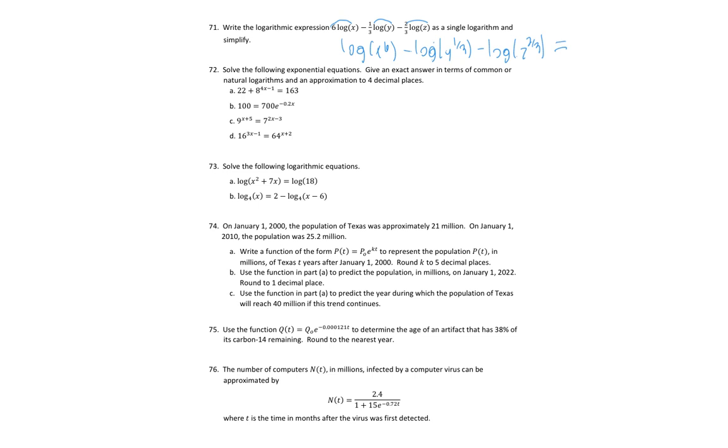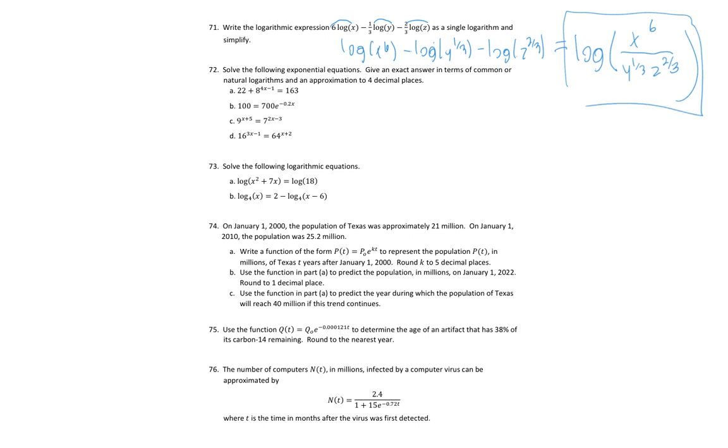And now when I group all these together, because there's adding and subtracting, we can just put it as multiplication and division. All the positive logs have their inside on the top, and all the negatives, because those are the bottoms of the fractions, go to the bottom. And there we go. Now that's just a single logarithm.